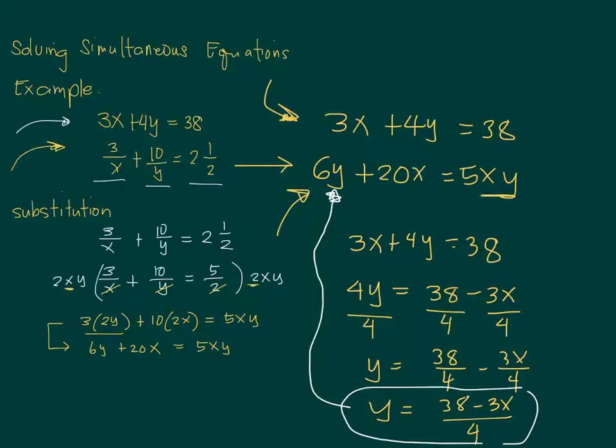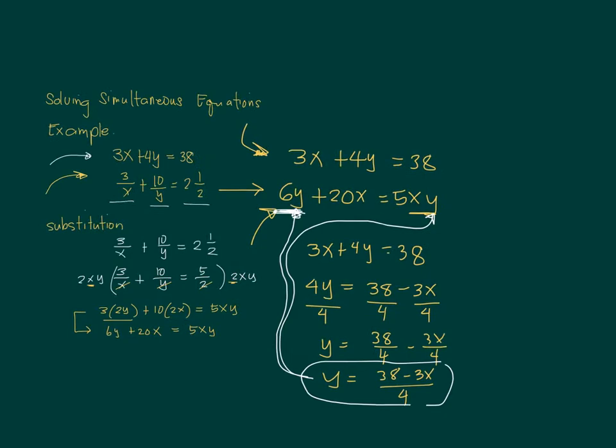You are replacing a variable in the second equation coming from the y value of the first equation, okay. So the y and the 6y will change, and so will the y in the 5xy. Okay, so what will happen next?